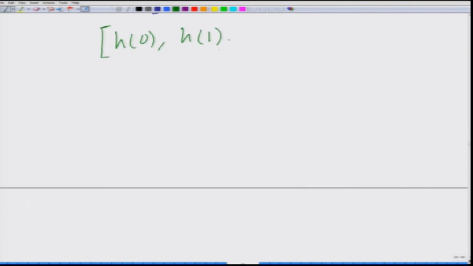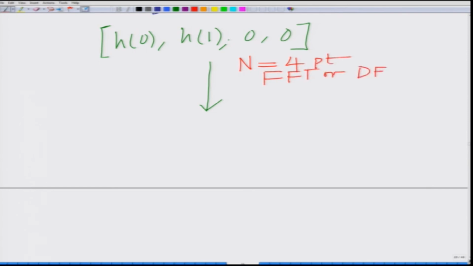Remember, we had h0, h1, zero padded, and you take the N equal to 4 point FFT, or basically the DFT, and you get the capital H's, which are the channel coefficients corresponding to the subcarriers.